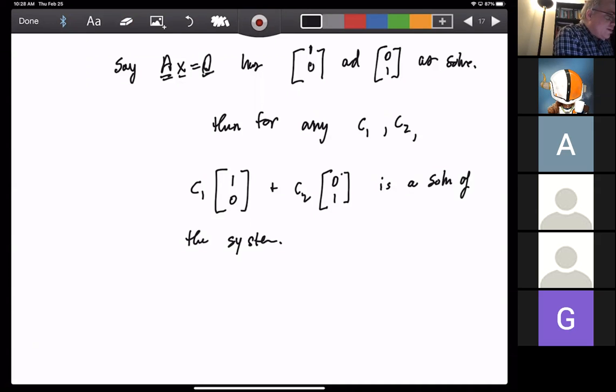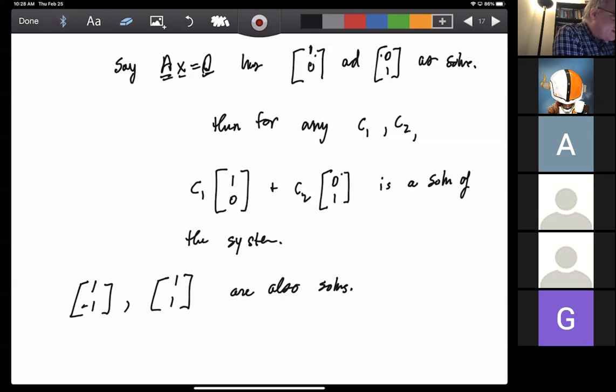So that lets you write all the solutions in a certain form, but notice that you could represent your general solution in terms of these two other vectors. So these are also solutions, right? The first one, I take (1, 0) and subtract (0, 1). The second one, I just add my two vectors.